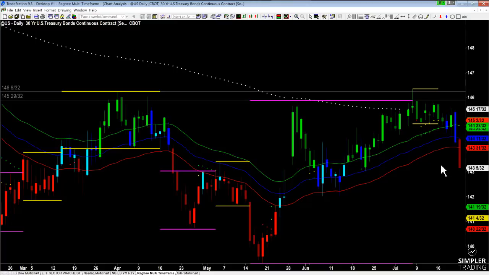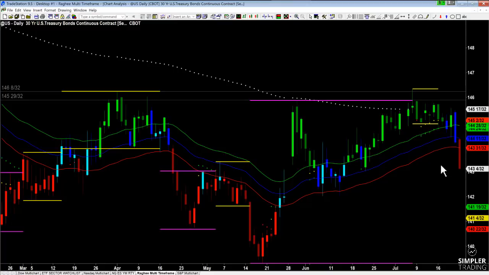So first of all, this is the 30-year, the long bond, and this is the September contract. When it comes to contract rolls, one of the most famous, probably one of the most impactful contract rolls are the bonds.